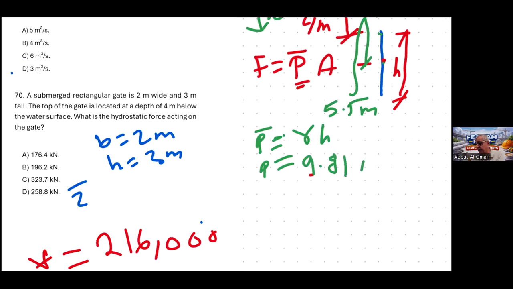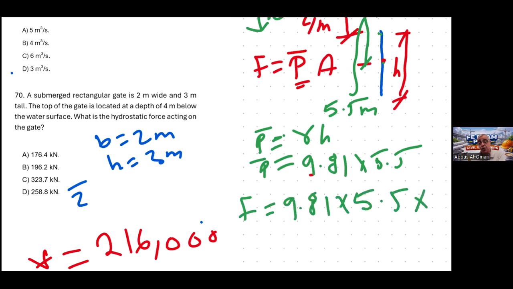This is the average pressure. So the force is the average pressure multiplied by the area. So the force is 9.81 by 5.5 by the area of the gate, which is a rectangular gate, 2 by 3.